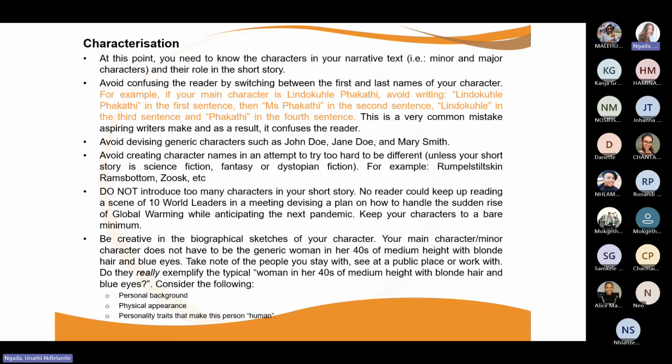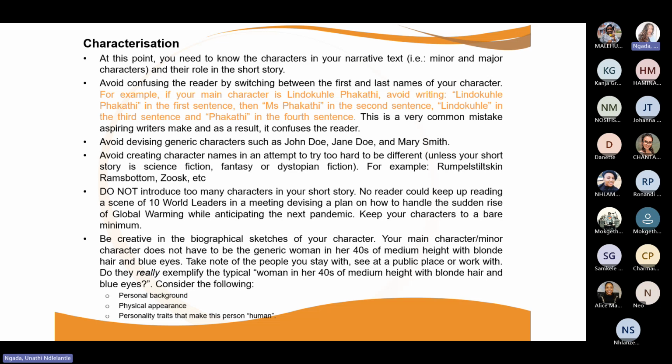Okay. So please avoid confusing the reader, in this case, the marker, by switching between the first names and the second names of your character. So if, for example, your character's name is Lindo Kuhle, avoid writing things like Lindo Kuhle in the first sentence, and then in the second sentence you say Nespagati, and then in the next sentence you say Lindo Kuhle, and then in the last sentence you say Pagati.